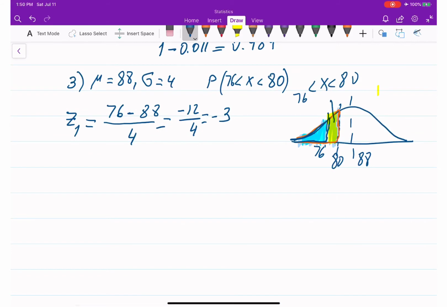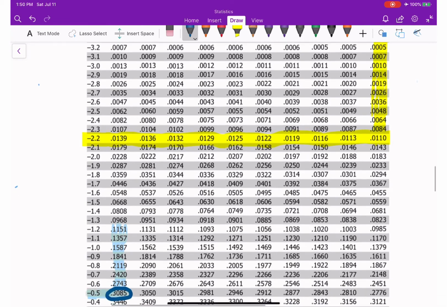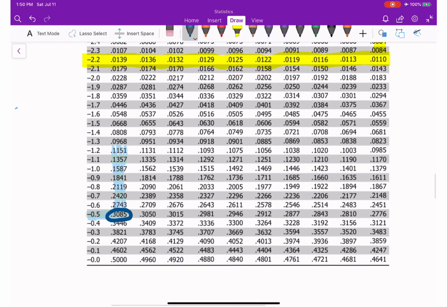Then from there we need to find probability of z-score less than or equal negative 3, which is going to be the same thing as probability of x is less than 76, yes? Okay, let's go find negative 3. Where is our negative 3? Right here.